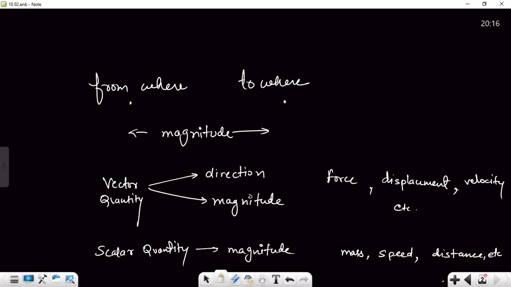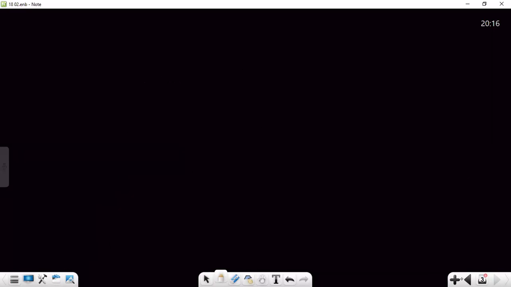Okay. So now let's understand a vector. So let us talk about a vector A. This is the representation of vector. This is how we are going to represent a vector.